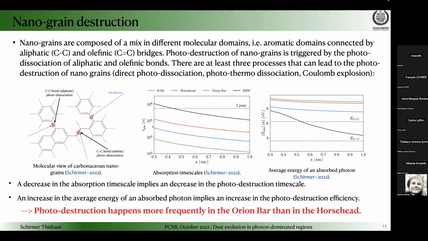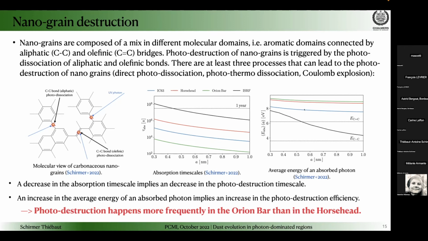The first is the absorption timescale, which corresponds to the time between the absorption of two consecutive photons by a dust grain, and we computed that for the three different PDRs as a function of the dust size. And we also computed the average energy of an absorbed photon by a dust grain for the three different PDRs.